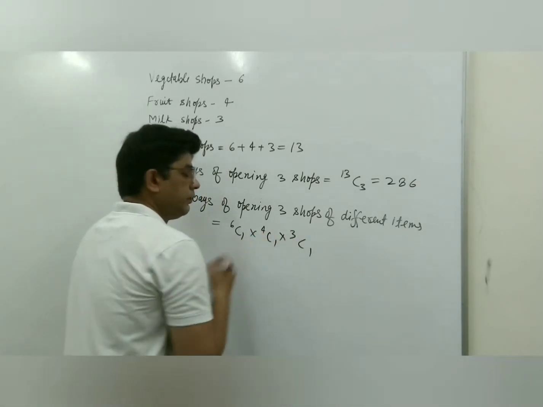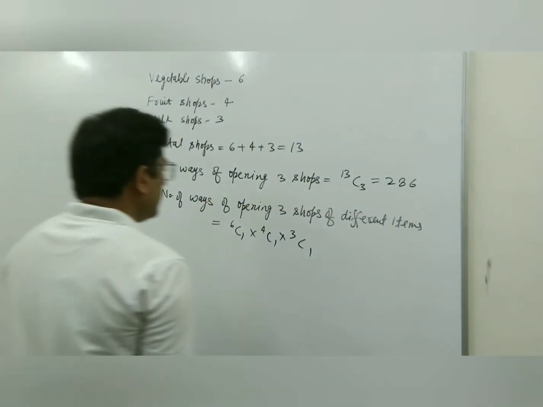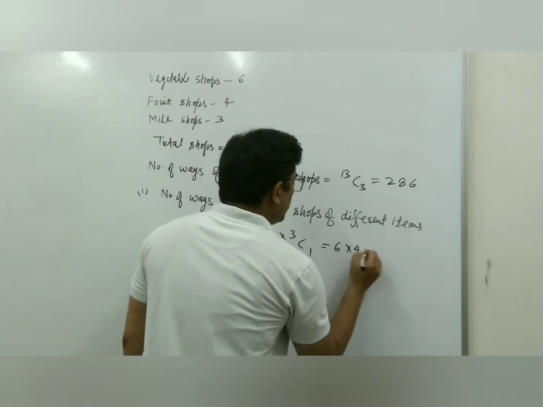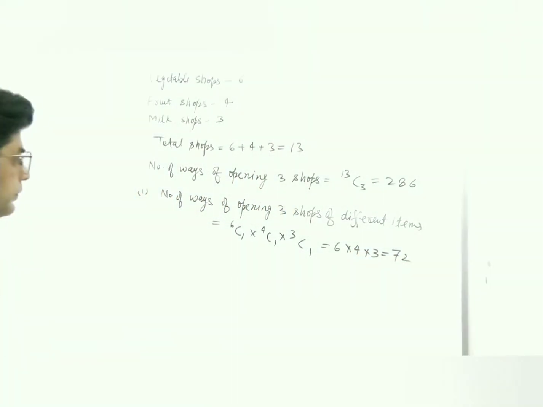So the total number of ways will be 6C1 into 3C1 into 4C1. That will be 6 into 4 into 3, and that is equal to 72.